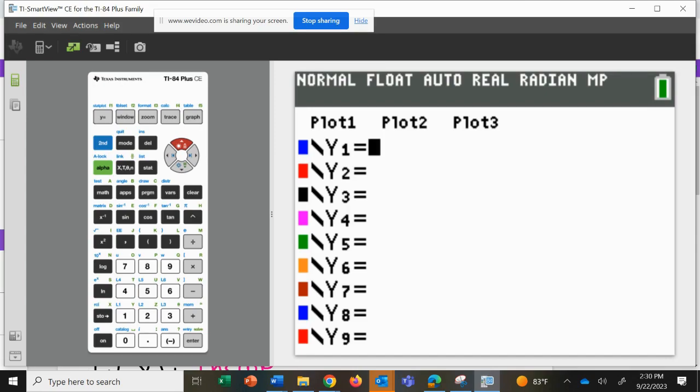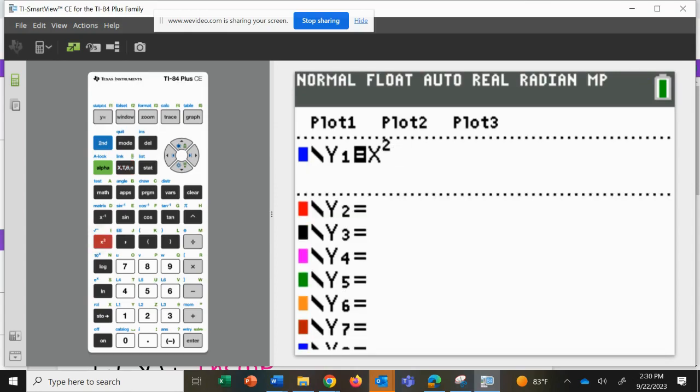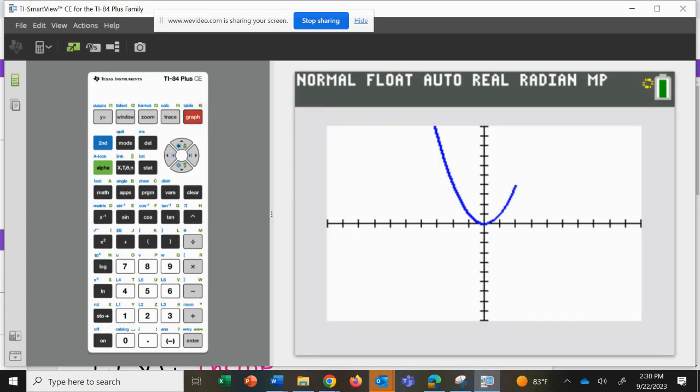Let's try x squared. So I'm going to hit the x button first. It's red right now. Then the x squared button is on the first column. It's like next to a comma. That's the x squared button, so that puts the squared up there for you. So that's our parent function. We looked at what it looks like last time. If you hit graph, there it is. It's a U shape.